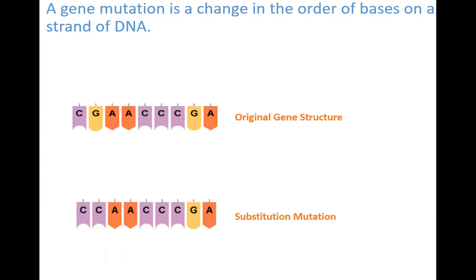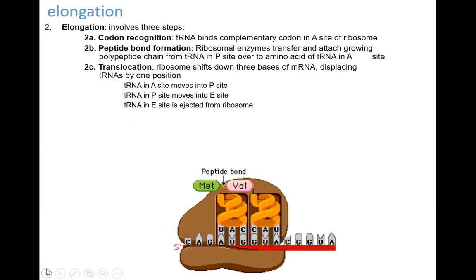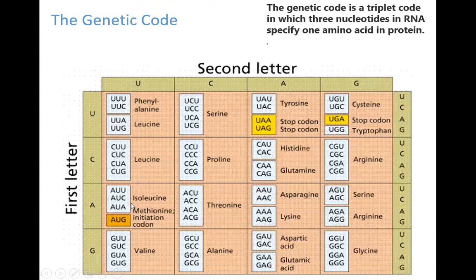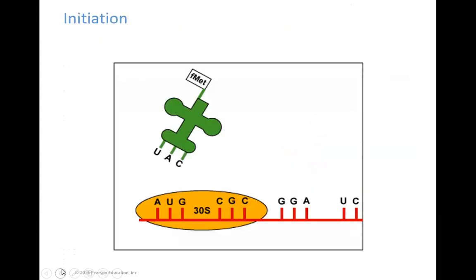Now, is this a significant problem? Well, it depends on what it's coding for. If we go back and look at our chart, if we look at CCA, what was it? CGA. I should have written it down.